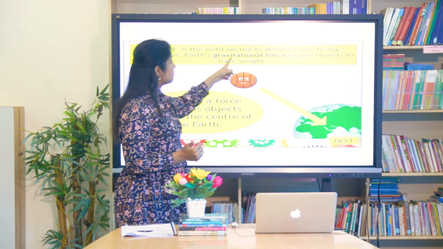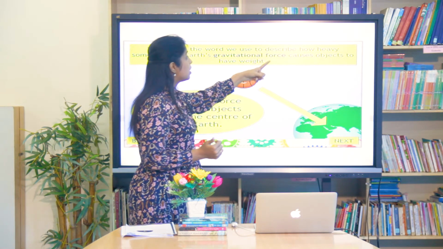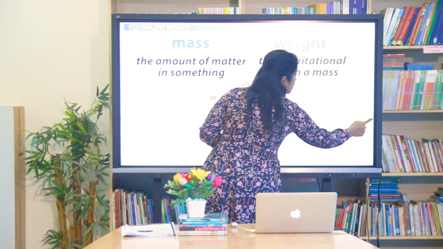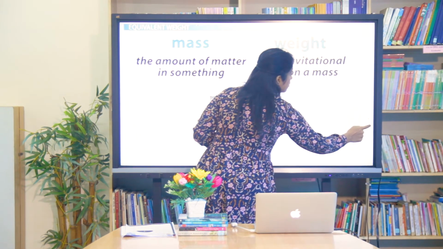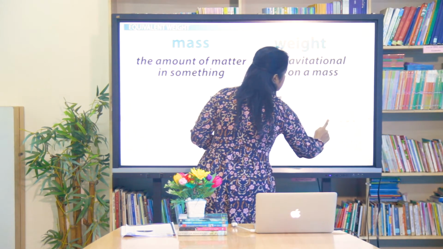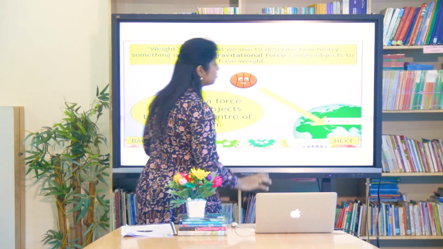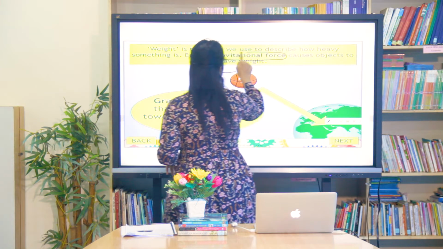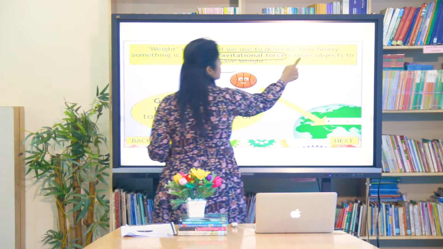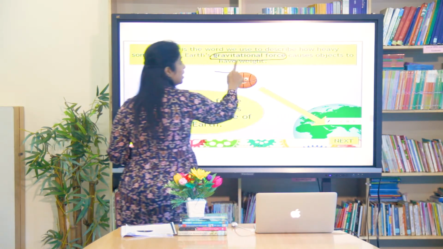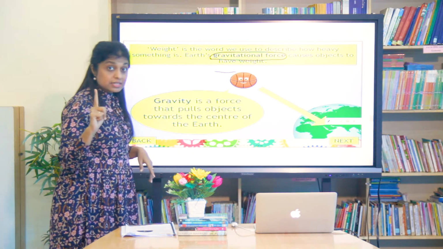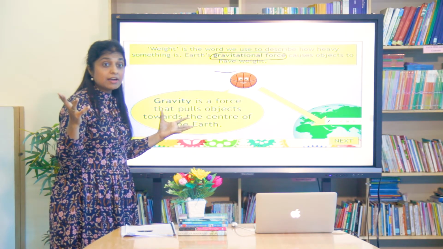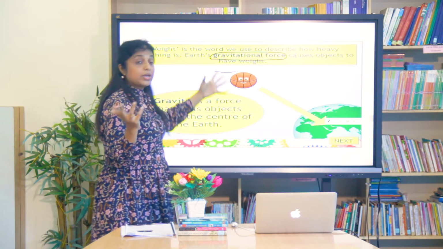So Earth's gravitational force causes objects to have weight. Focus on the term: Earth's gravitational force causes objects to have weight. If there is no gravity, maybe you don't have weight.